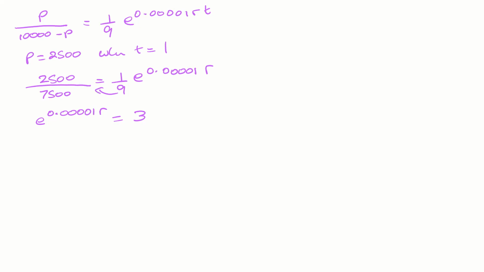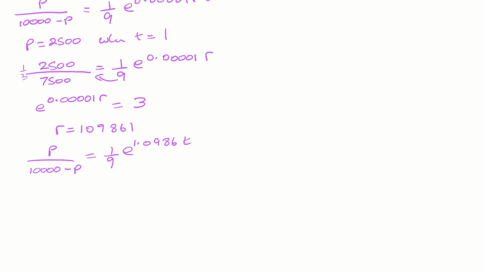Just bring the 9 up over there, and that simplifies to a third. Solving it on the calculator gives me r is 109,861. So P over (10,000 minus P) is equal to 1/9 e to the 1.0986 t. I've dropped a 1 there. It would be 1.09861, but I haven't worried about the 1.